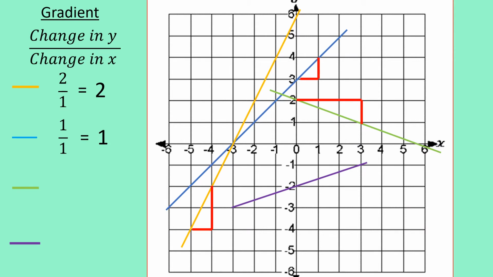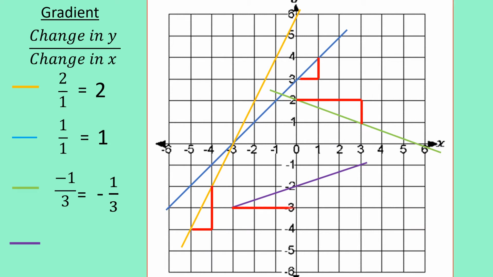So the way to write this is we're going to have a negative 1 for the change in y because it's gone down, it has moved in the negative direction on the y-axis. And it's moved a positive 3 on the x-axis, so we've got negative 1 divided by 3. We can't leave our answer like that because that negative refers to the entire fraction, because remember, negative divided by a positive is going to give us a negative, so we write it as negative 1 over 3.